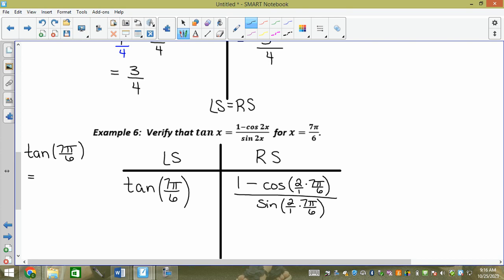So it's going to be -1/2 divided by -√3 over 2, which is -1/2 times -2 over √3. So you end up with 1 over √3, which rationalizes to √3 over 3. So on this side, I get √3 over 3.